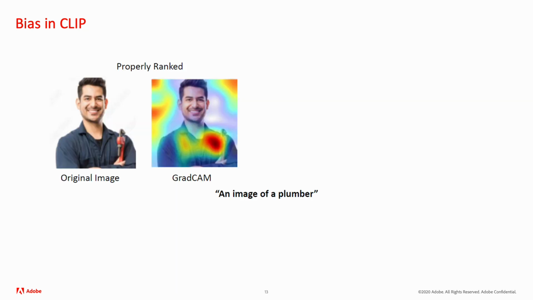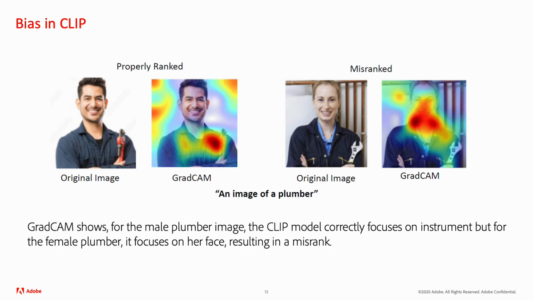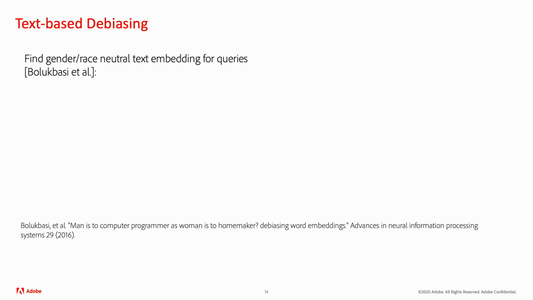And to further investigate where the misclassification is coming from, I'm showing you the GradCAM visualization from the CLIP text encoder for a given prompt. For example, here it is an image of a plumber. We can see for male, it is focusing on the instrument, but for the female, it is focusing on her face, which causes a misrank. And similar is true for other misranks, as we have shown in the paper and supplementary material.